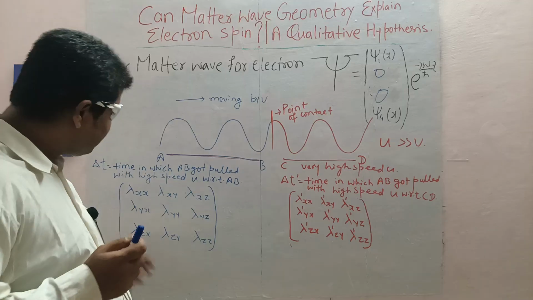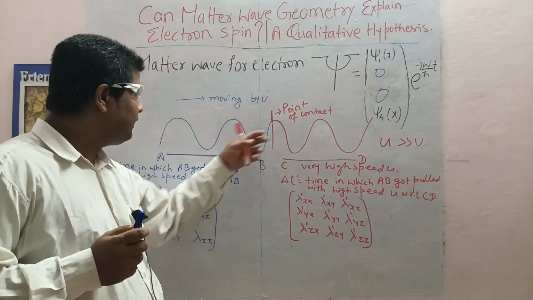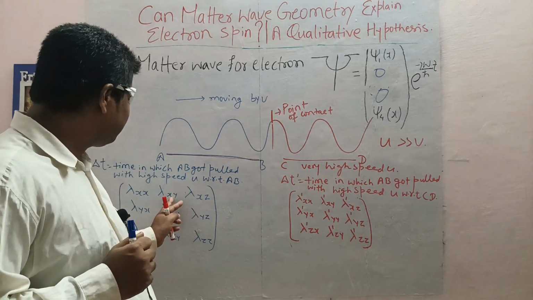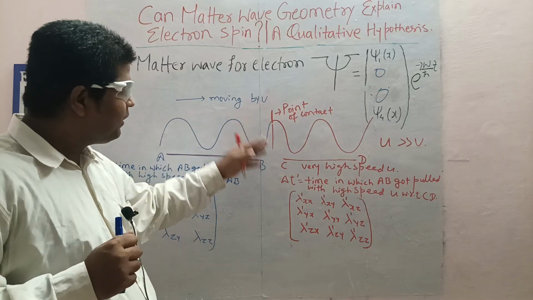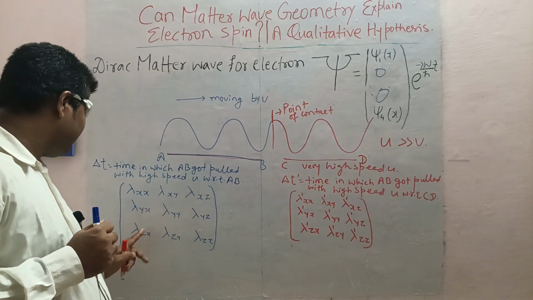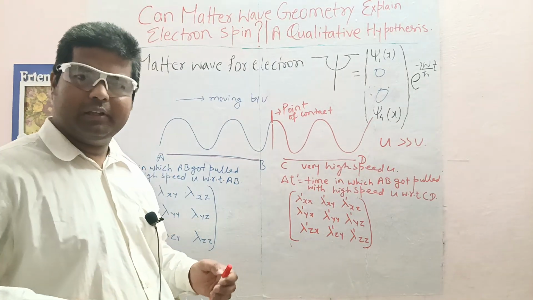This is a wavelength. When it pushes at this point, it feels that yes, there are wavelengths. This is along this, and all others are perpendicular to this, except xy, xz, yx, zx. Why these? These are not perpendicular to this.